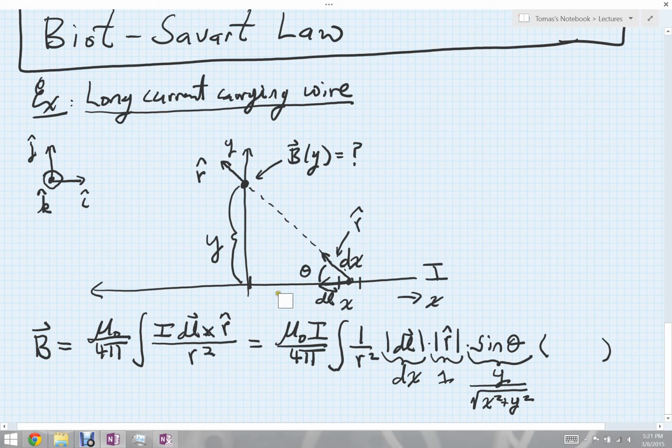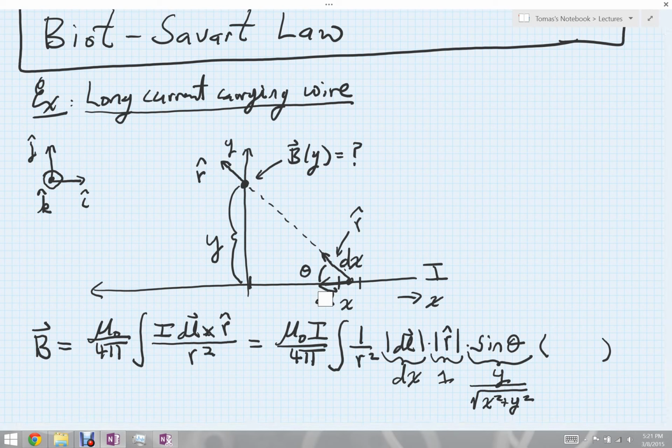Now if I take the fingers of my right hand and orient them along dl, right? And then I have two choices. I need my thumb either oriented up or down. If I orient my thumb up, for instance, and have my fingers along this dl, if I do that properly with my right hand with the thumb up, I'm going to be bending my fingers backwards to curl them towards r hat.